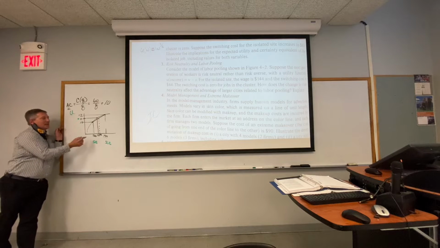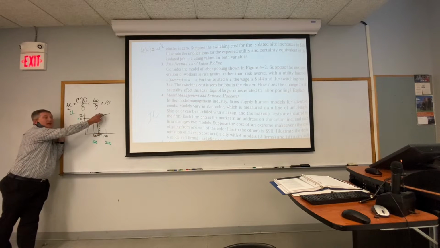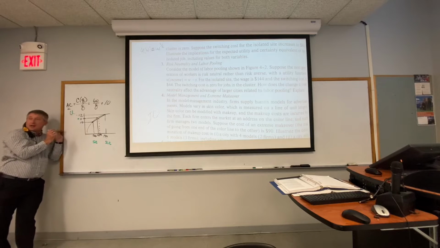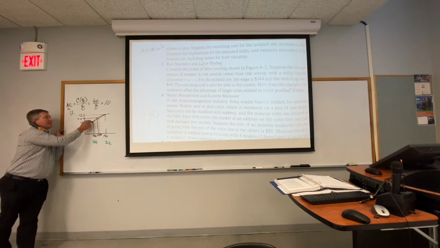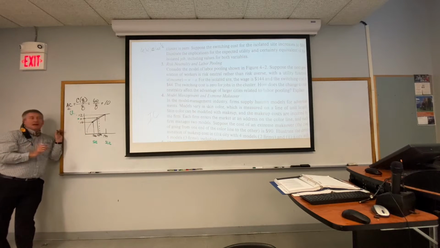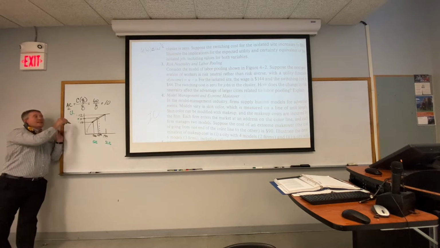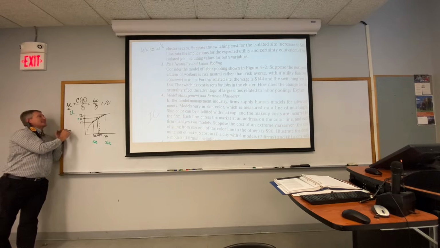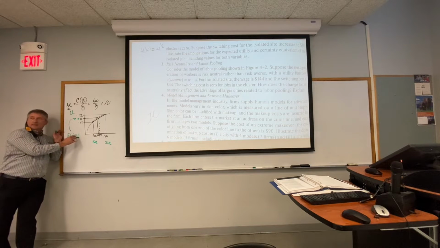We got utility over here. 144 bucks gives me 12 units of happiness. 100 bucks gives me 10 units of happiness. I've got a 50-50 shot of having those, which means my expected utility is 11. But that's an uncertain utility, right?